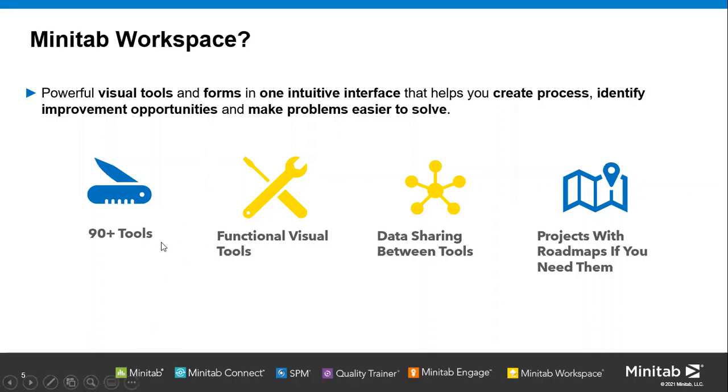Normally we have more than, I think now it is more than 100 tools available in Minitab Workspace. And they have visual tools, and something quite good about this is the data sharing between the tools. Something like you start with the process map, for example.